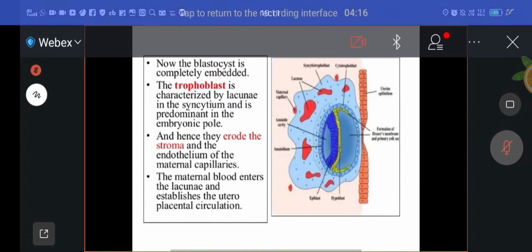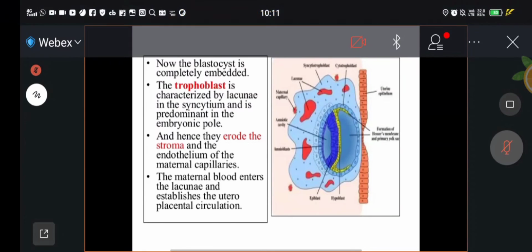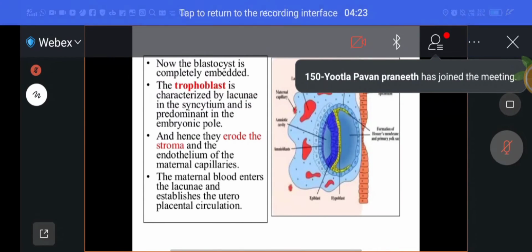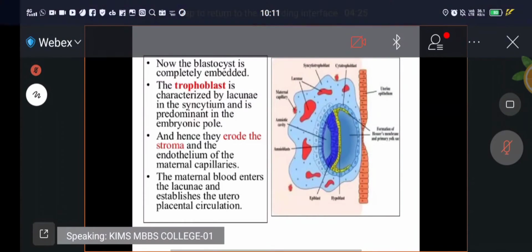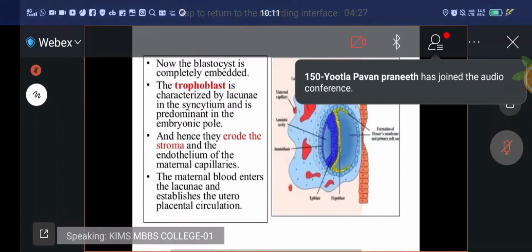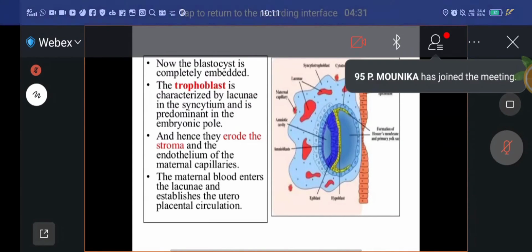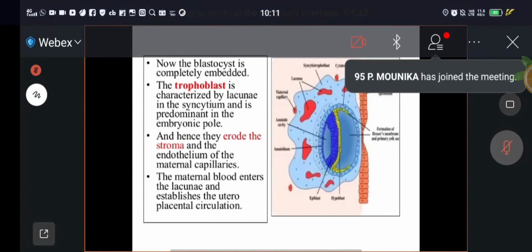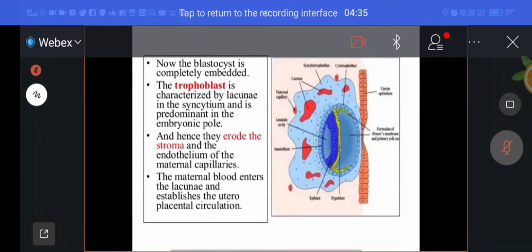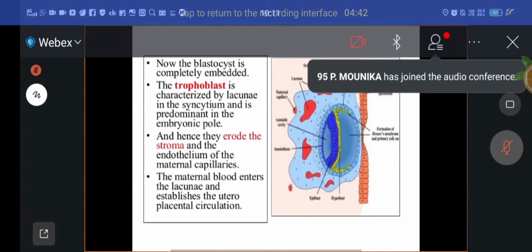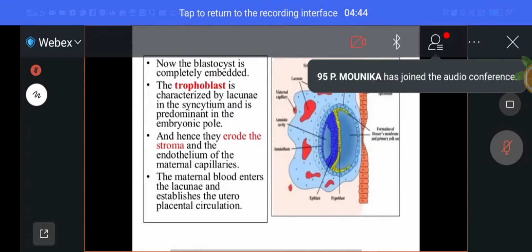So they invade this uterine endometrium and they erode the stroma and the endothelium of these maternal capillaries. And the blood will be poured into these gaps, and then this red color appears. Before that, they are hollow gaps, which are called lacunae. As they are growing, they invade the uterine blood vessels and erode them.